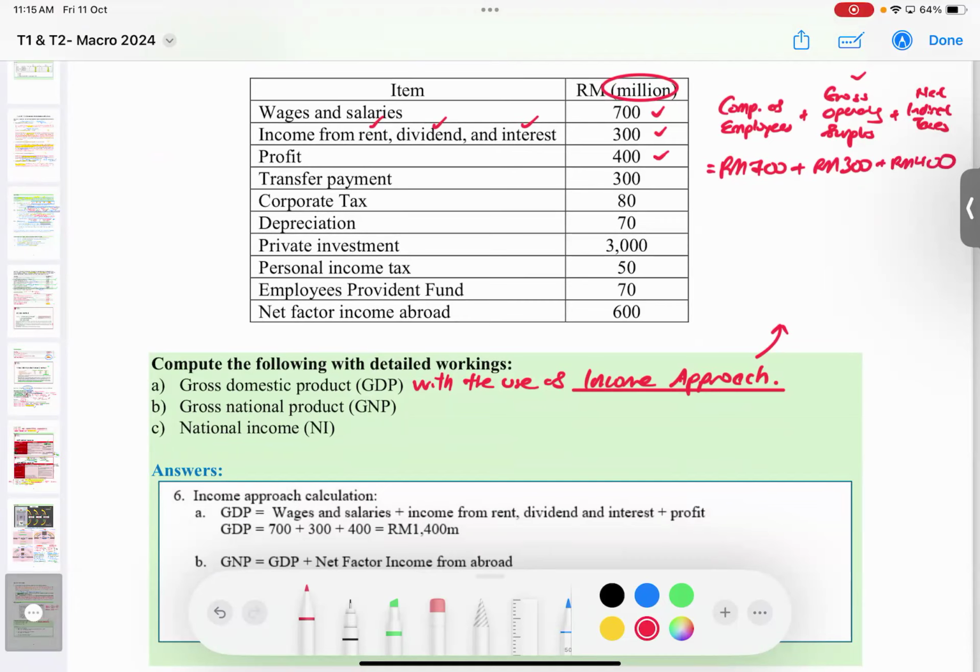Transfer payment, no. Corporate tax, no. Depreciation, no. Private investment, no. Personal income tax, no. Employees provident funds, no. This one also no. So this one you don't have net indirect tax, so plus 0 plus 0. So you get the answer, which is 1,400 million.